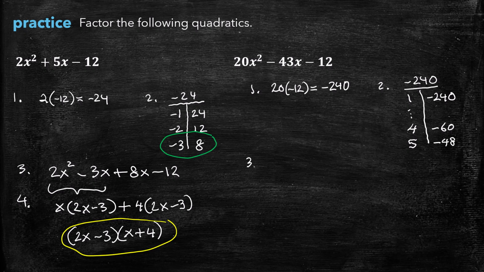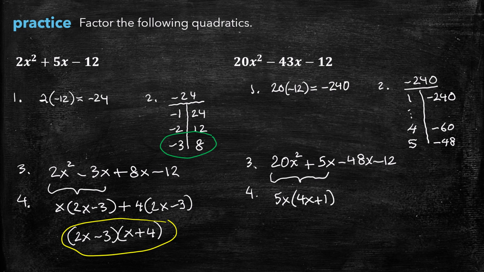So step 3 is to rewrite this as 20x squared plus 5x minus 48x minus 12. And step 4 is to factor by grouping. So what do we have in common here? We have 5x, and we're left with 4x plus 1.